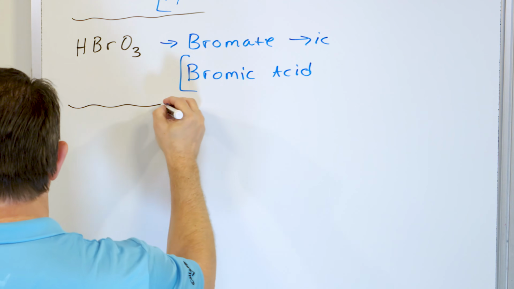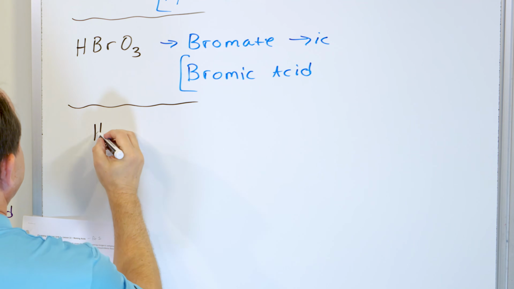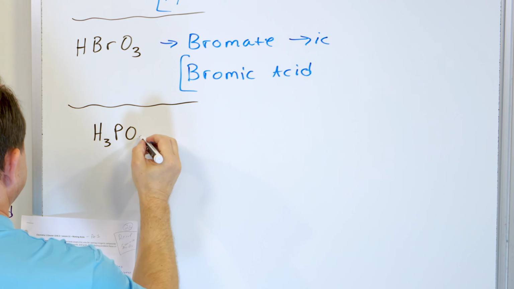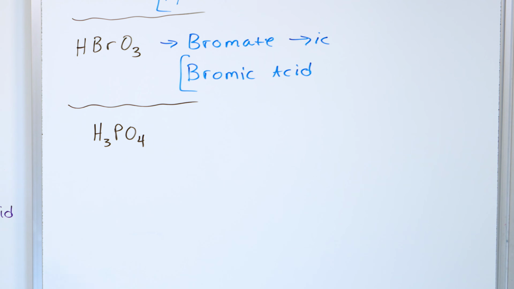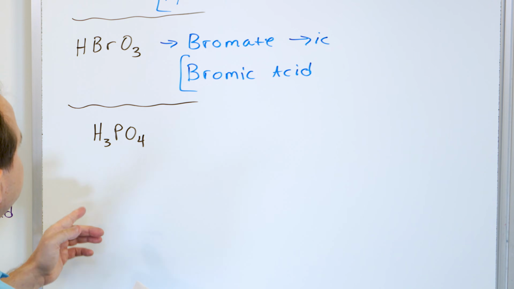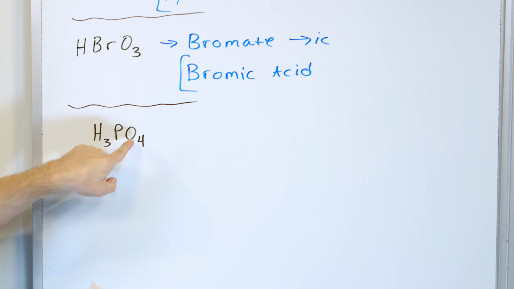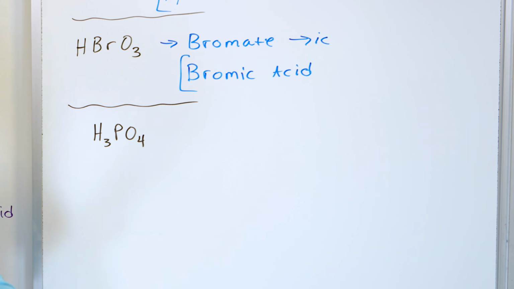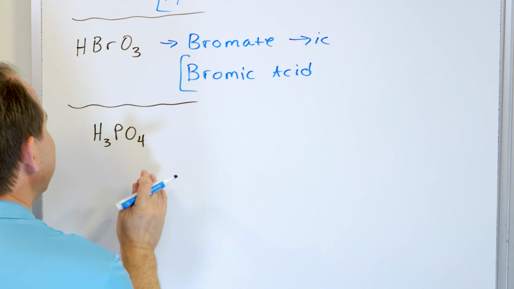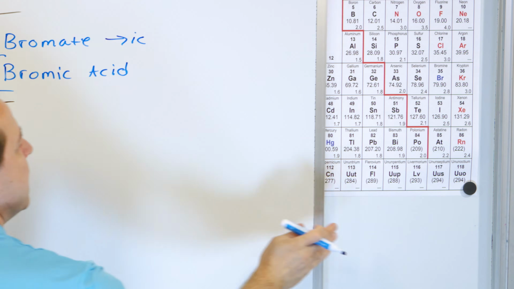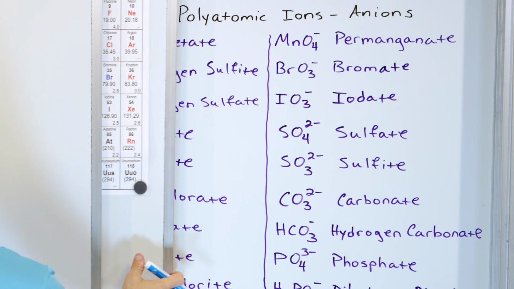Next problem. Let's say we have H3PO4. Again, the acid is always determined based on its anion, which in this case is PO4. So what is that? It's got to be some kind of polyatomic ion. What is PO4?